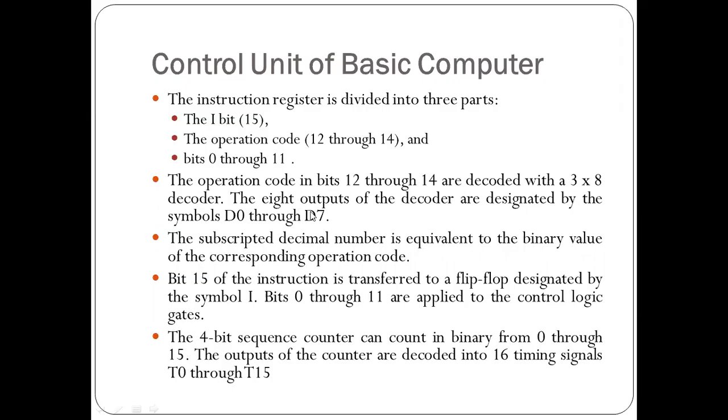If the output of the decoder is D7, then the I bit distinguishes between register reference and IO reference instruction. The 4-bit sequence counter can count in binary from 0 to 15. The outputs of the counter are decoded into 16 timing signals, termed T0 to T15.